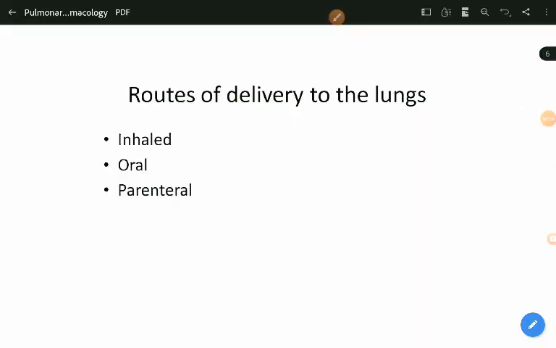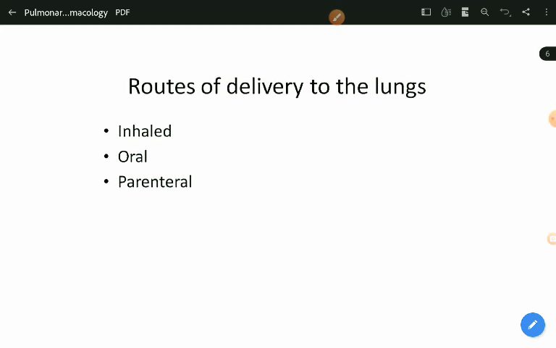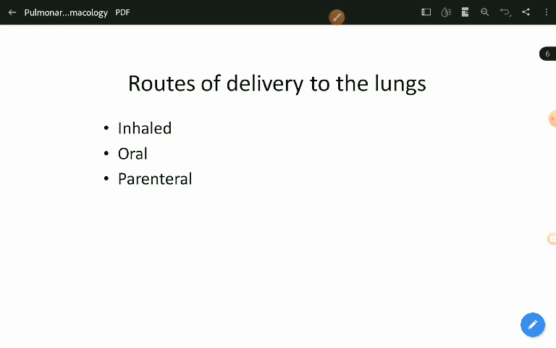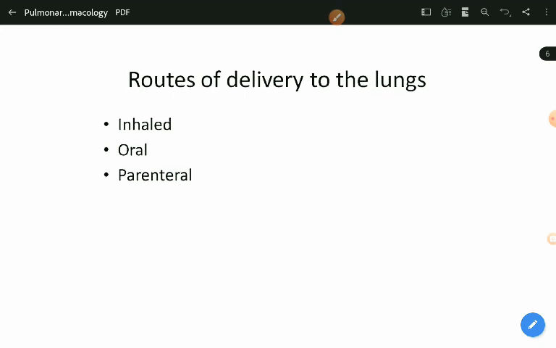So basically, our medications could be given via inhalation, could be PO or per orem, and we also have parenteral. As examples, for inhalation, we have either bronchodilators or corticosteroids.